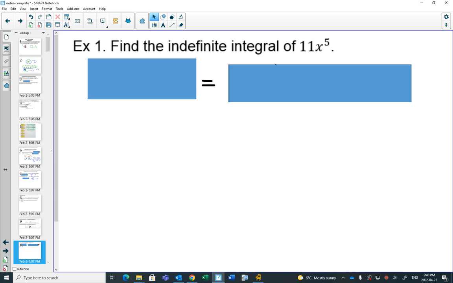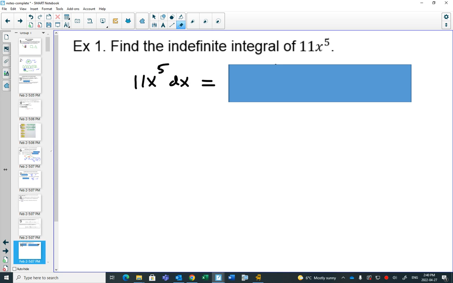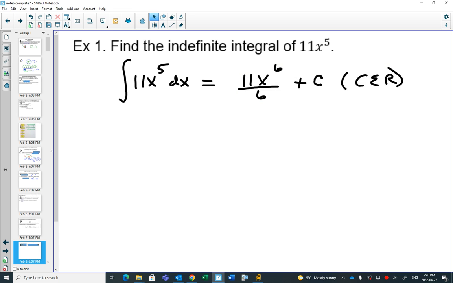You can draw the integral sign if you'd like. I like it even skinnier, a really long F without the middle thing. Add 1 to the exponent and divide. And then you don't have to write the whole thing, you can just write plus C. But it just is indicating that C could be any real number.